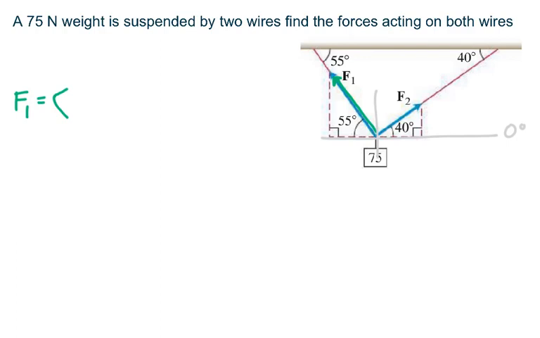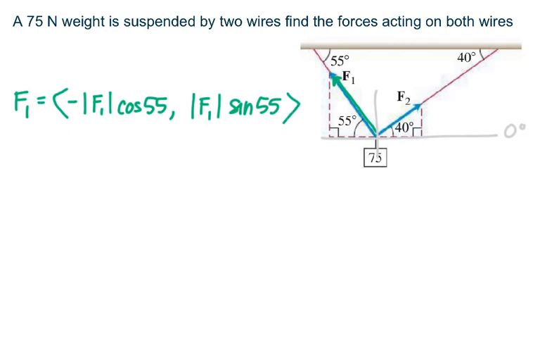Because we're in quadrant 2, we would have negative magnitude of force 1 times cosine of that angle, 55, cosine goes with x, and then my y value is positive, or sine is positive, so I'd have F1 magnitude sine of 55.